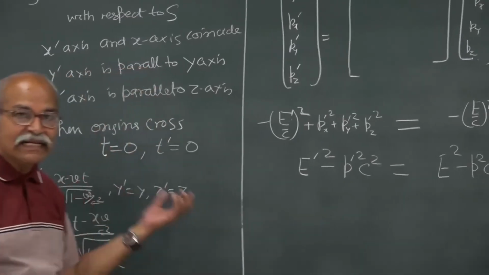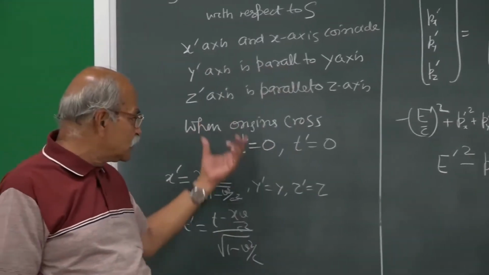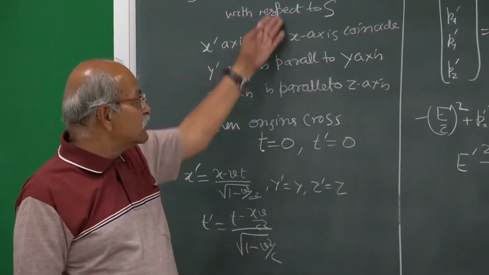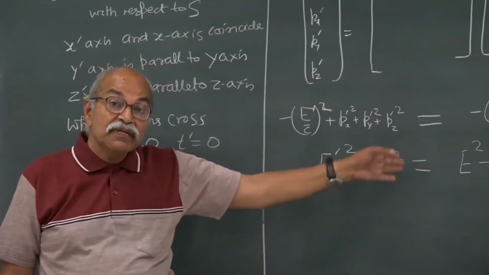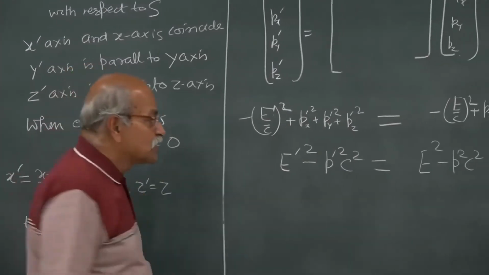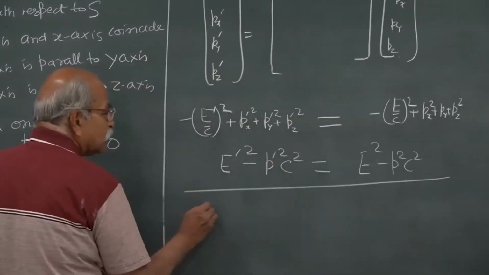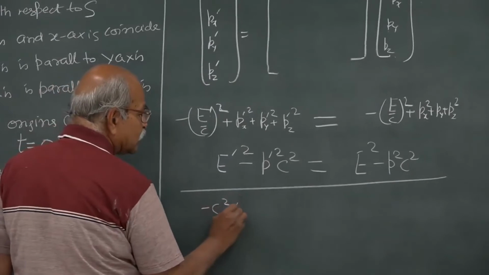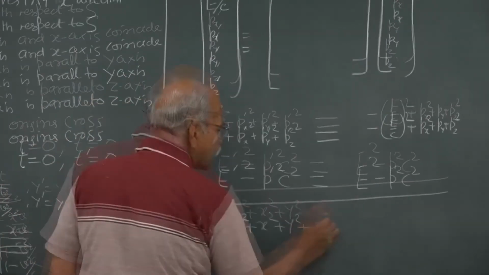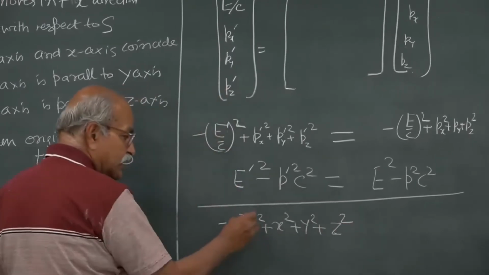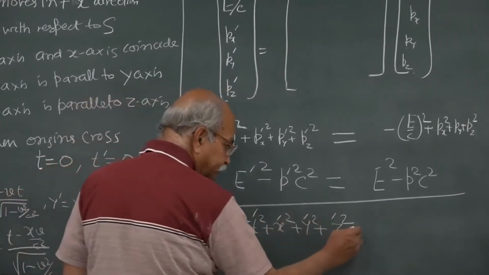But not necessarily, even if this prescription is not valid, this is true. And it is a property of the 4-vector. Therefore, I can say the same thing for minus c squared t squared plus x squared plus y squared plus z squared.